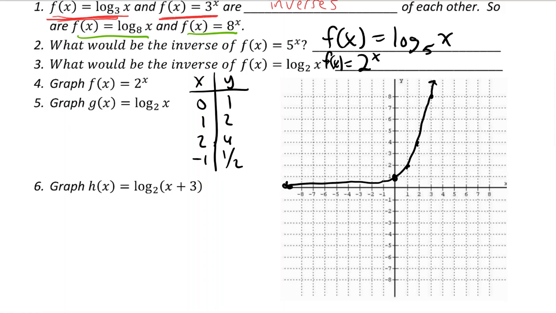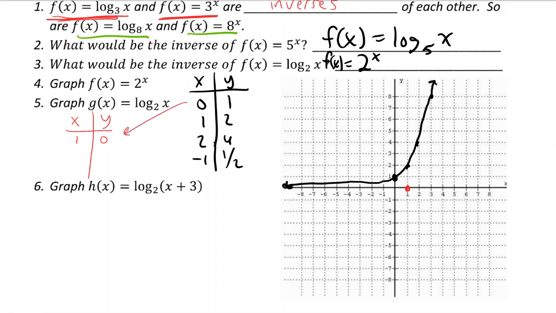Well, if you really understand what inverse functions are, then you can take this information about 2 to the x and use it to graph log base 2 of x. Because with inverse functions, you're just switching x and y. So if a function has a point at (0, 1), its inverse is going to have a point at (1, 0). Switch x and y.